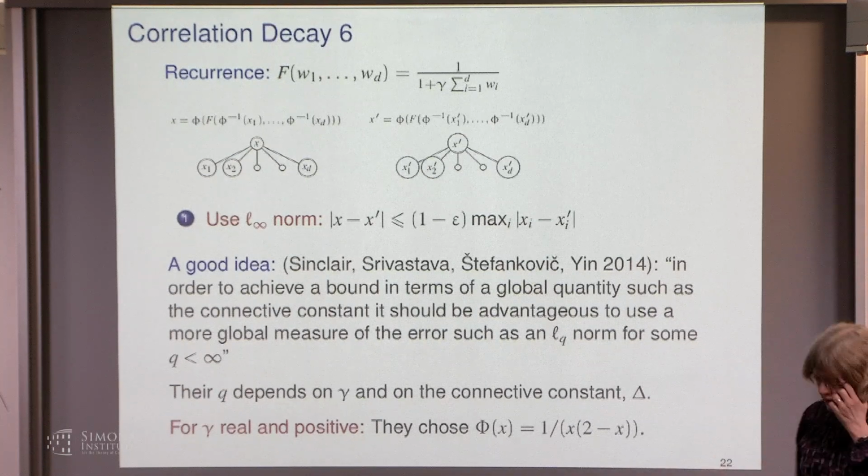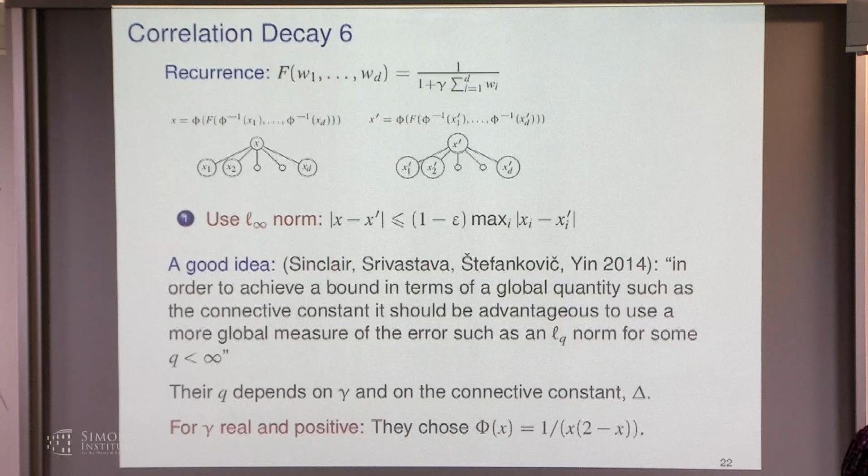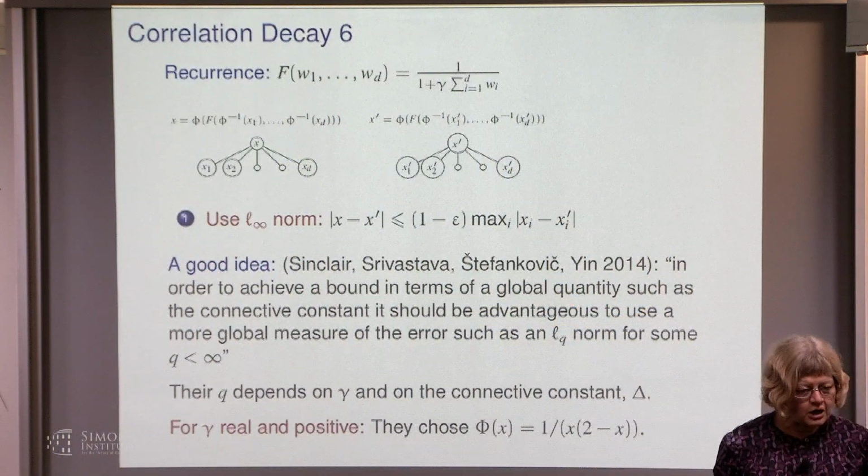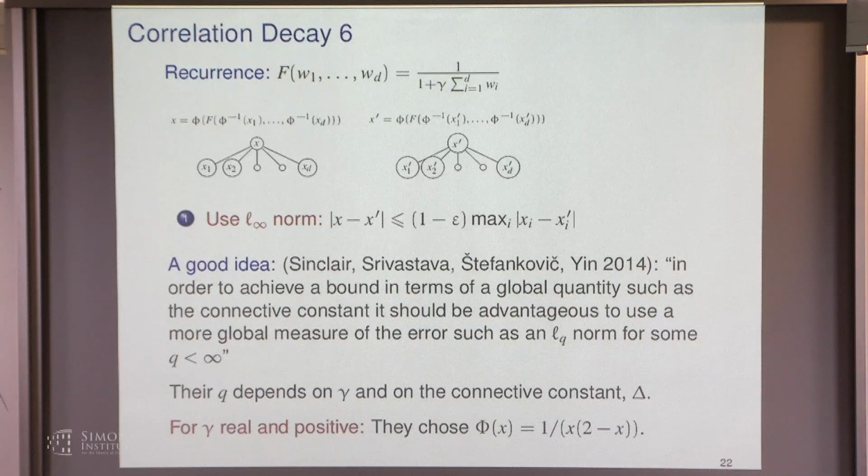When Sinclair et al. looked at the positive reals, I think this is the only paper that does this, or at least the only one I saw. They make the following argument: the connective constant is a global thing, not a local thing. Something can go wrong locally. So L infinity is a bit stupid as a distance measure, and it's probably better to use some other norm.